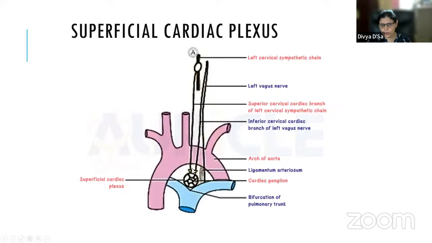They join to form the superficial cardiac plexus. This plexus gives a branch to the deep cardiac plexus, and branches to the right coronary artery and the left anterior pulmonary plexus. So that is the superficial plexus.